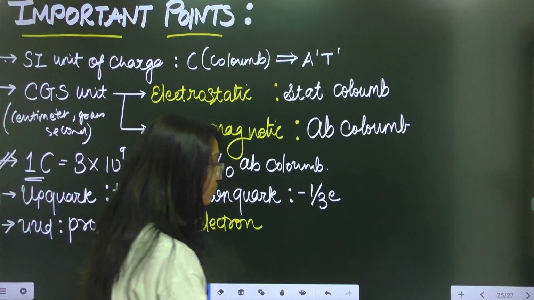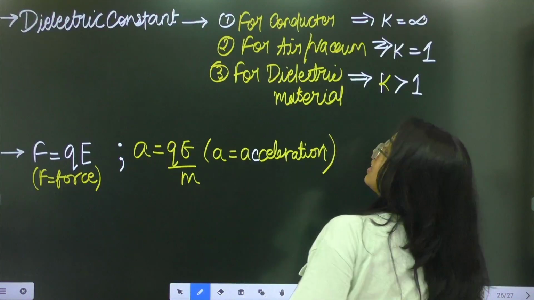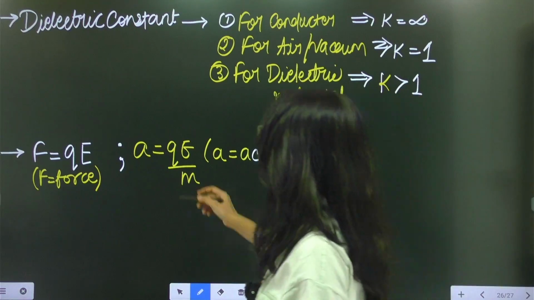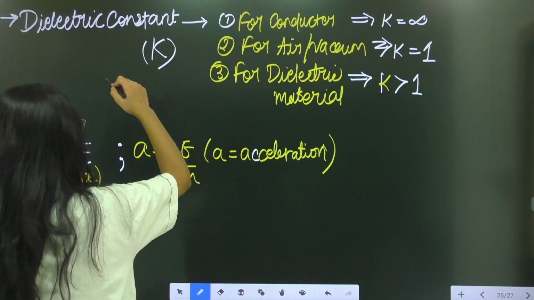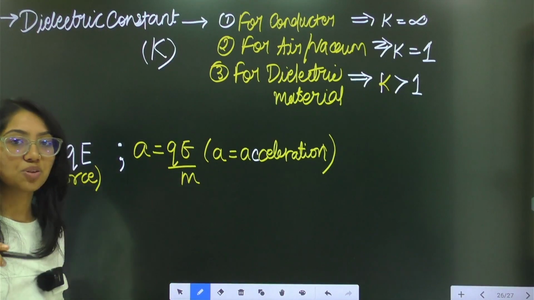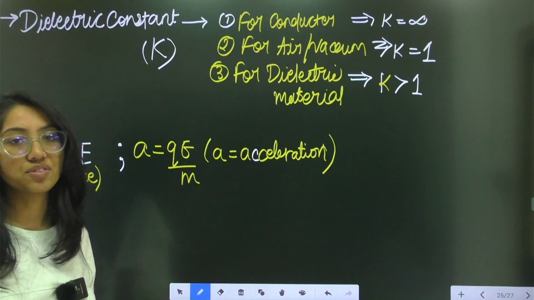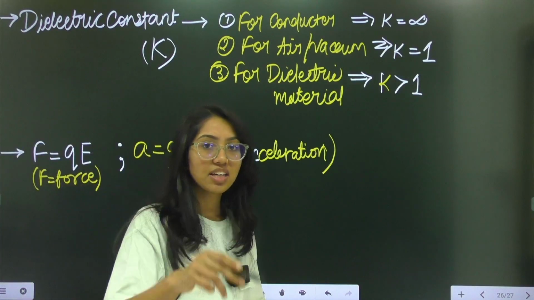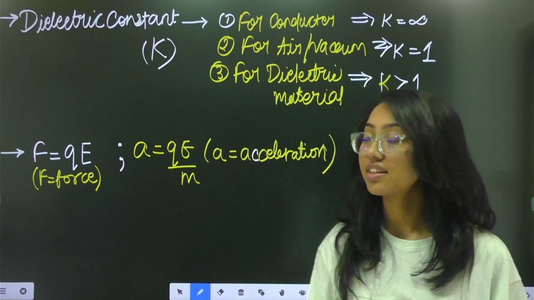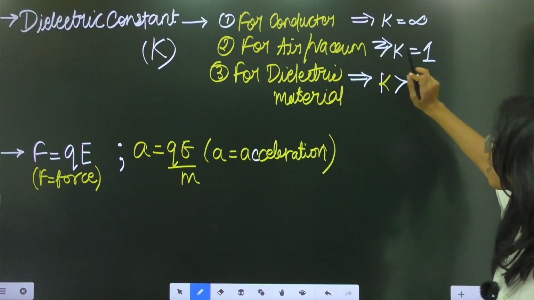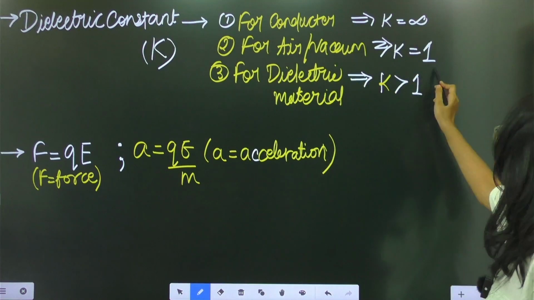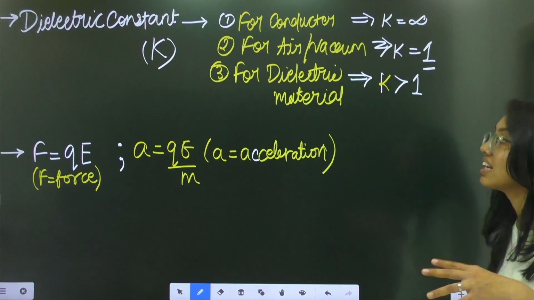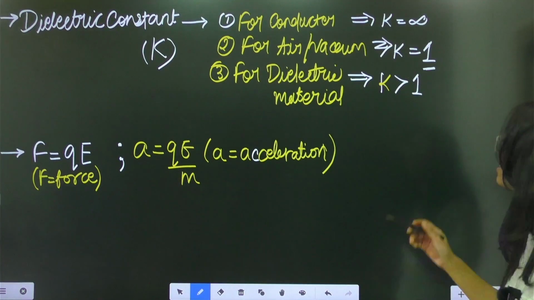Now next, dielectric constant, which we studied just now. The dielectric constant, capital K, is the permittivity ratio, epsilon by epsilon 0, and you also have to remember that. The dielectric constant for a conductor is infinite. For air or vacuum it is 1, as I told you before. For any dielectric material or insulator, it is greater than 1.